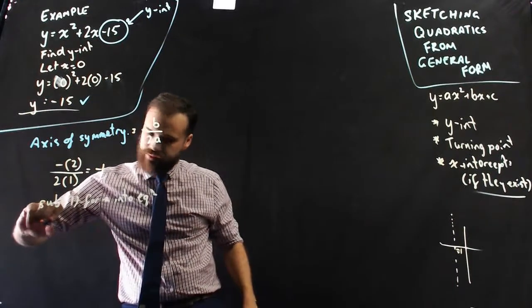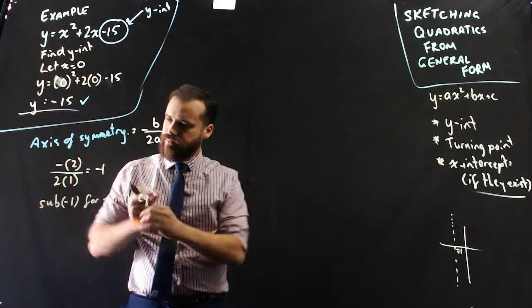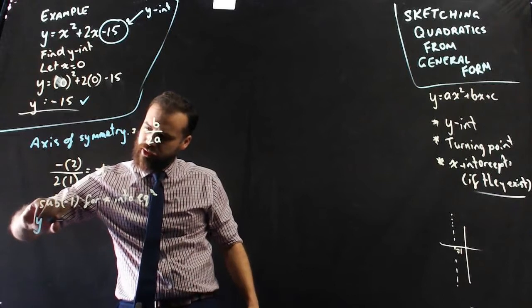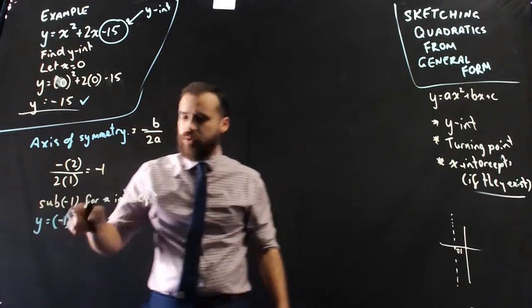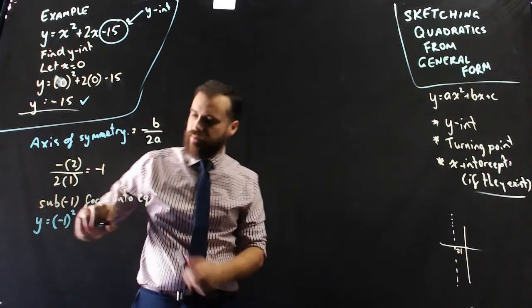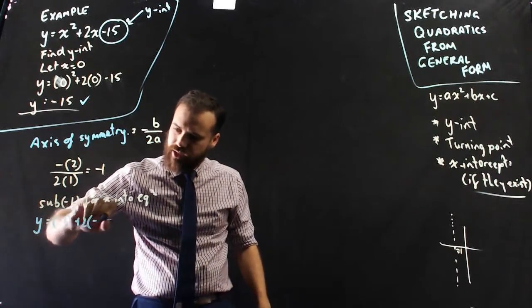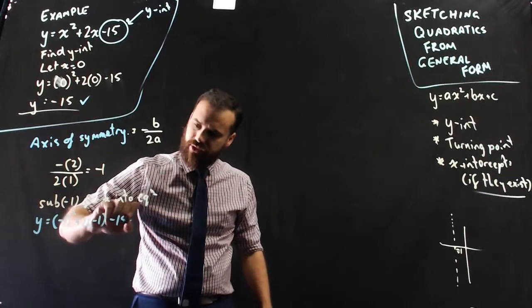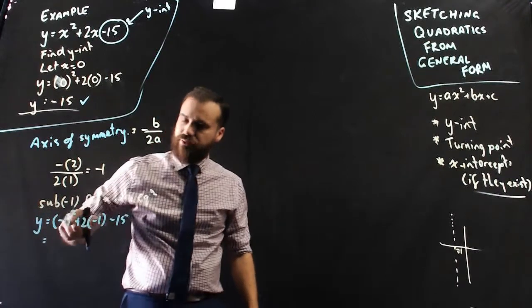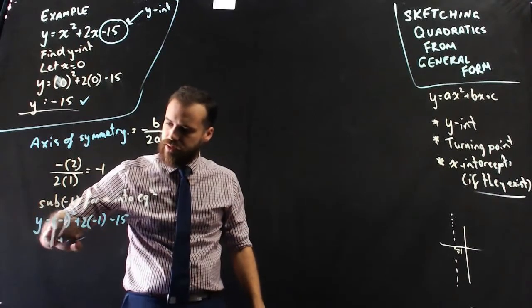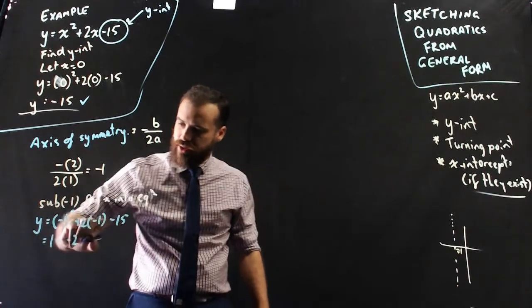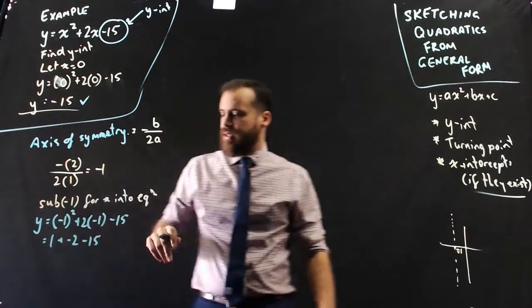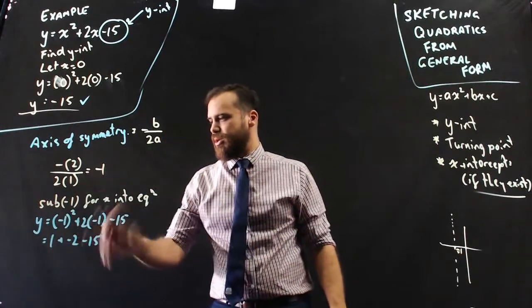So y equals negative 1 squared. Always do the brackets like this, otherwise you might end up in trouble. Plus 2 times negative 1 minus 15. Negative 1 squared is 1. 2 times negative 1 is negative 2. So 1 minus 2 minus 15. So that's 1 minus 2 is minus 1.